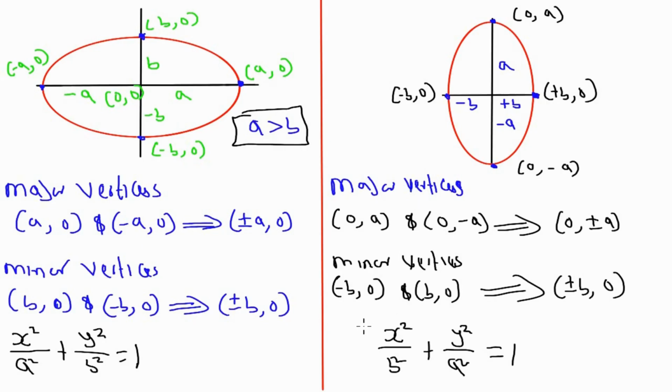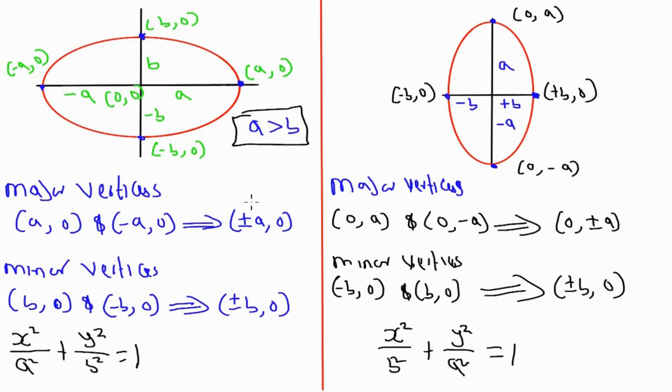Now look at the one at the right-hand side. The value of a is under y. This clearly means that it's an ellipse with a vertical orientation, which means it is elongated along the y-axis. So this is how you can easily know what type of ellipse you are dealing with, just by seeing its equation or its illustration.